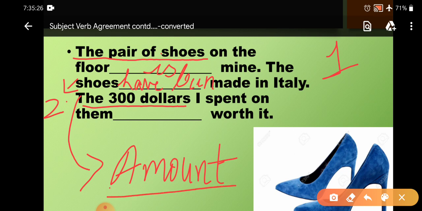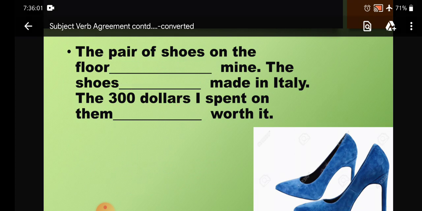So the $300 I spent on them is worth it. This much amount that I had spent on the shoes is worth it. Is that clear? I repeat, the pair of shoes on the floor is mine. The shoes have been made in Italy. The $300 I spent on them is worth it.